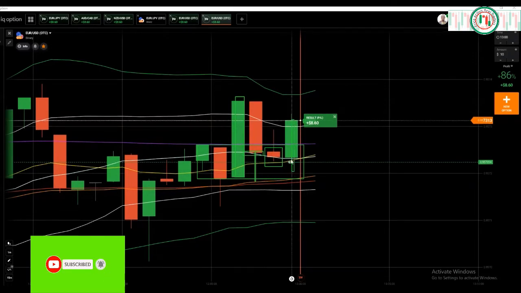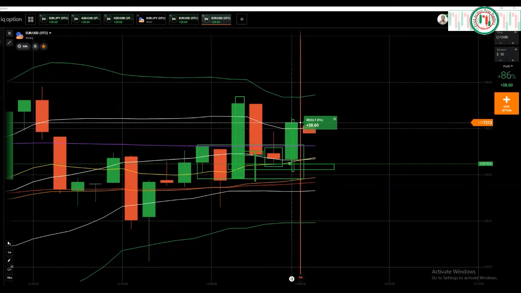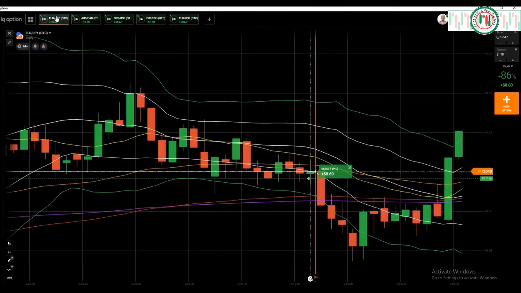So that's why I place my trade here with a good margin of safety. When I wait for market to come back down here, then I place my trade call option. So I took a total of 5 trades, all are winning trades based on engulfing zone trading strategy.